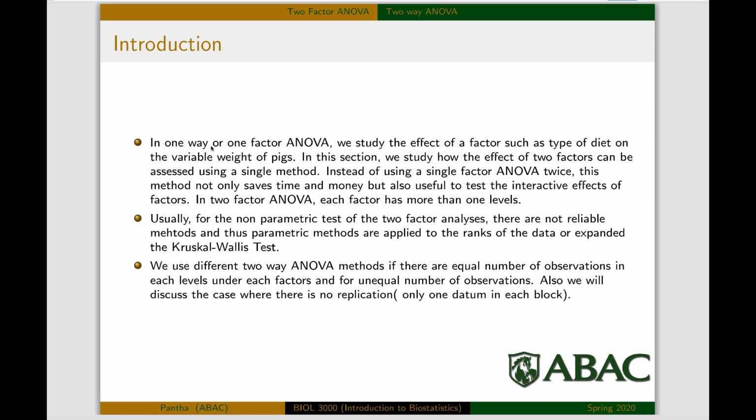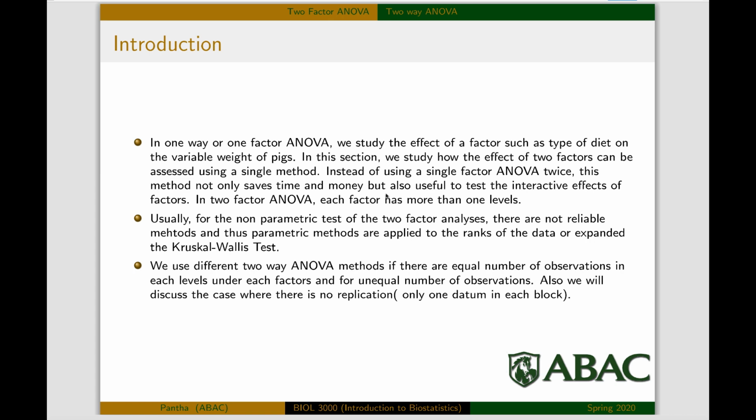In one-way or one-factor ANOVA, we study the effect of factors such as type of diet on the variable weights of pig. In this section, we study how the effect of 2 factors can be assessed using a single method. Instead of using a single-factor ANOVA twice, this method not only saves time and money, but is also useful to test the interactive effects of factors.